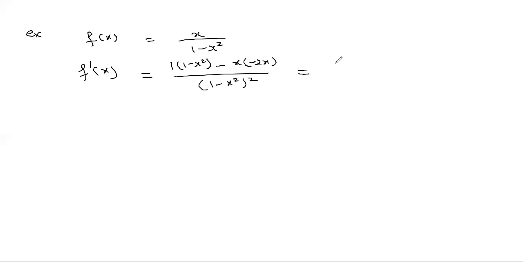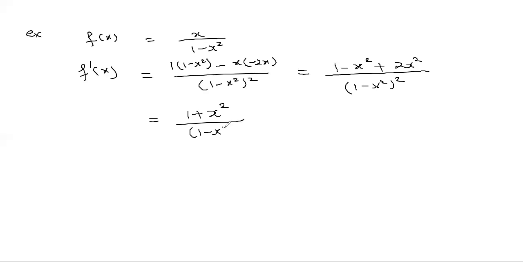So it is (1 minus x square plus 2x square) over (1 minus x square) whole square. So we see the answer becomes (1 plus x square) divided by (1 minus x square) whole square.